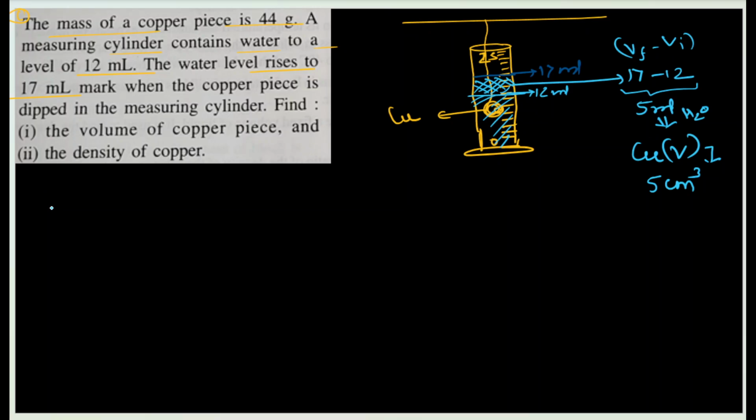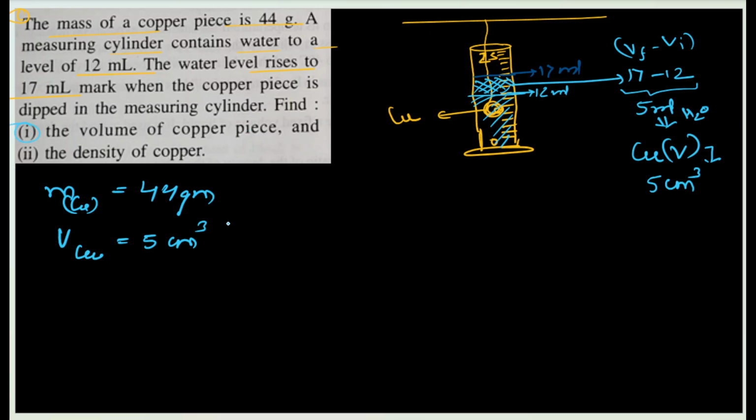So the mass of the copper piece is 44 gram. And what is the volume of the copper piece here? With all these assumptions, we are using 5 centimeter cube, and the first portion is about the volume of the copper piece.